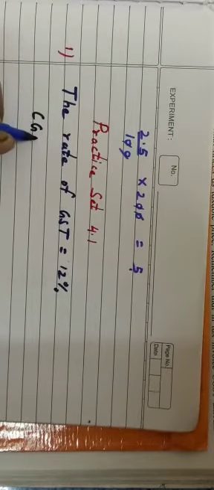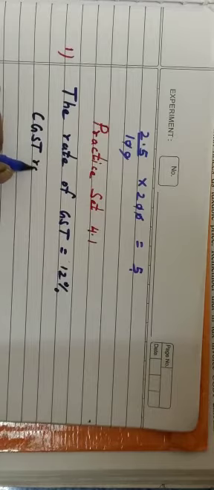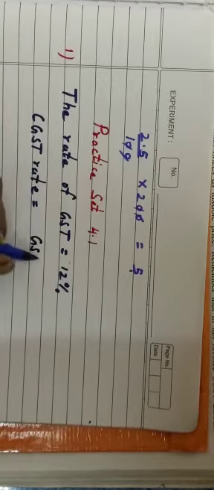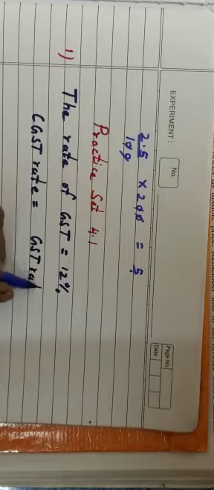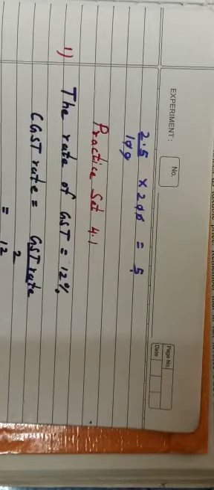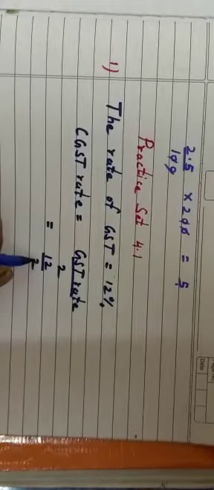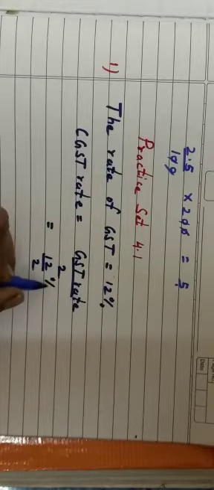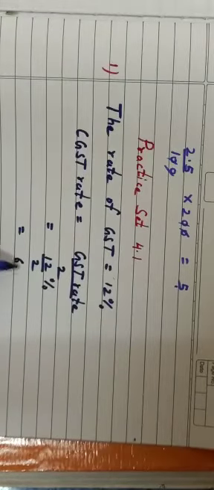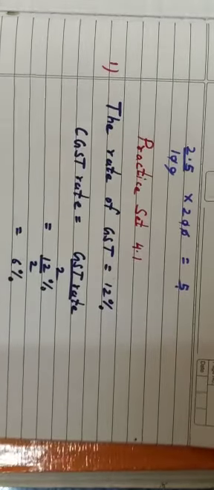So CGST rate is equal to GST rate upon 2, which is equal to 12 upon 2, which is equal to 6%.